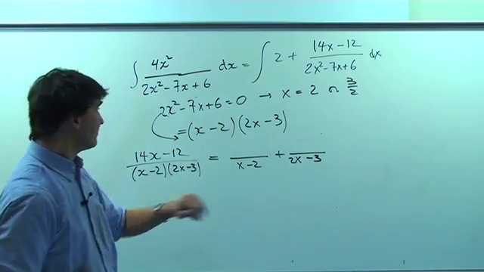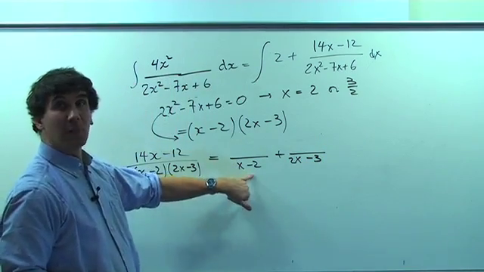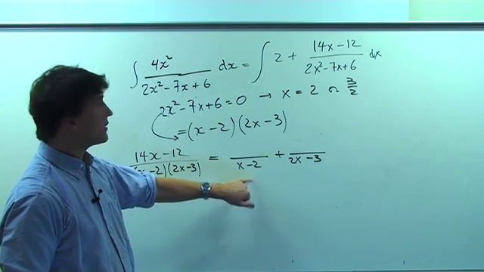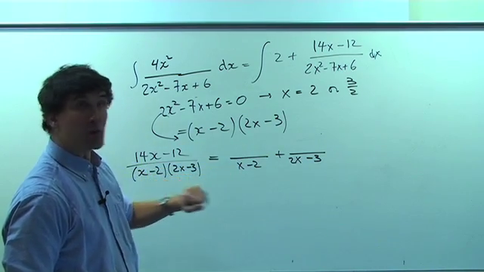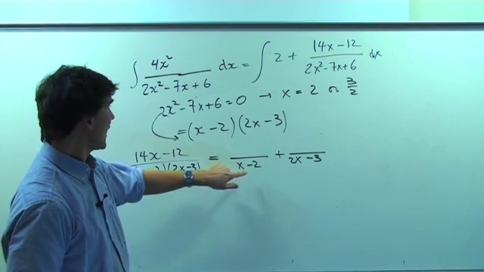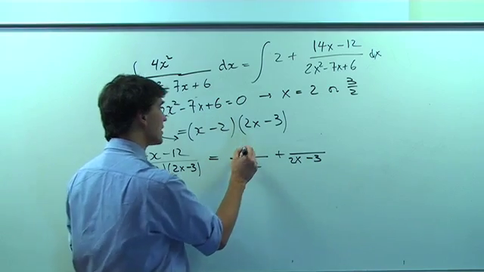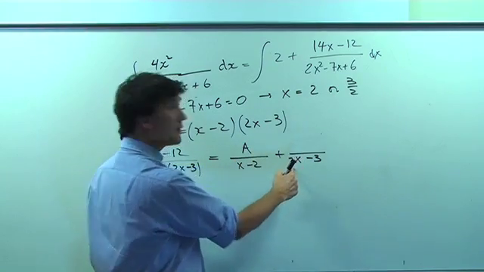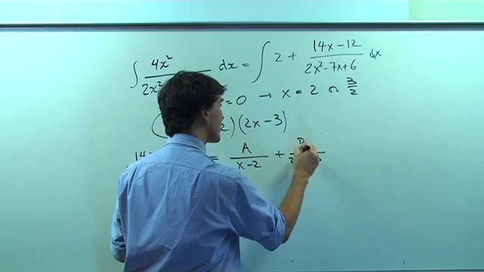What do we put on top? Well, we put on top here polynomials that are 1 degree less than the denominator. So here, these are first degree polynomials, just x minus 2. So we're going to put a constant up here. And we're going to here also first degree, so we just put a constant up there.